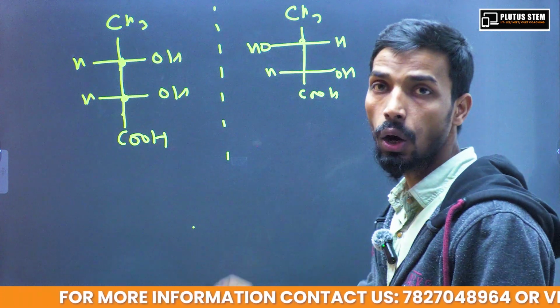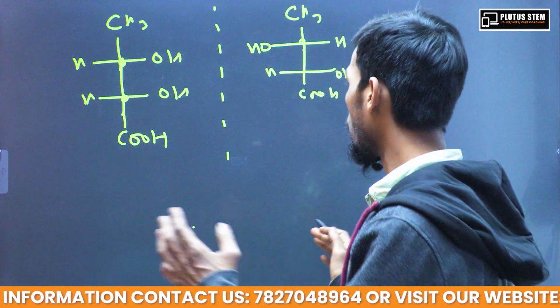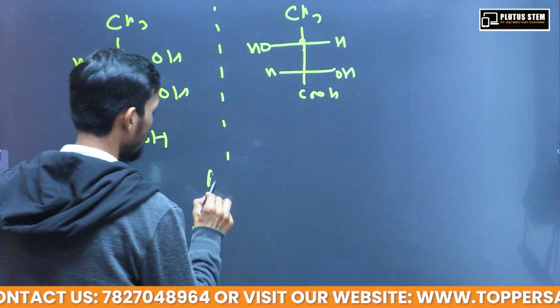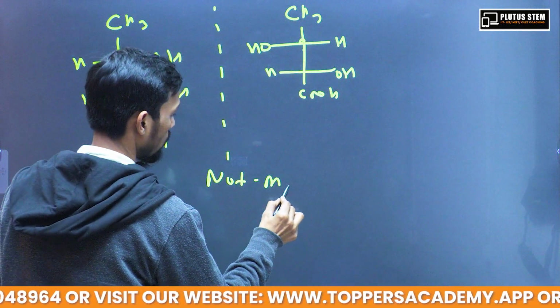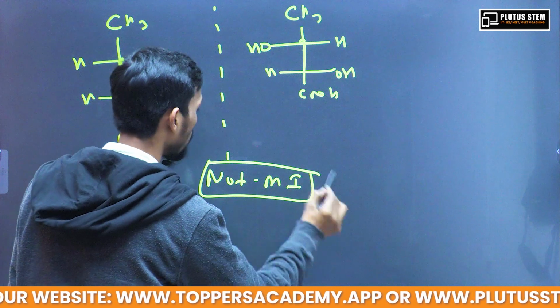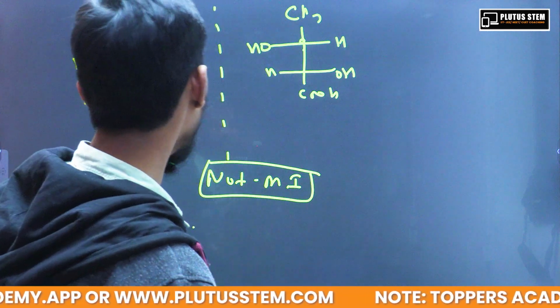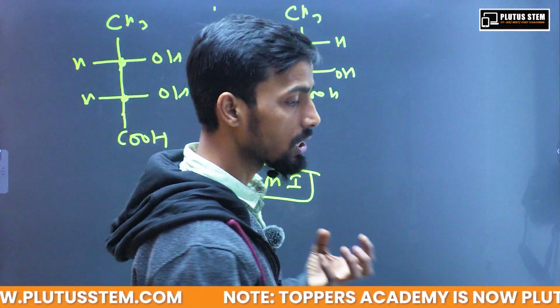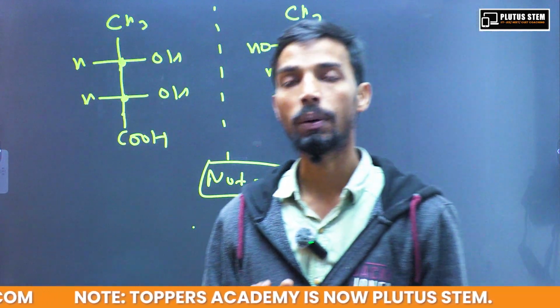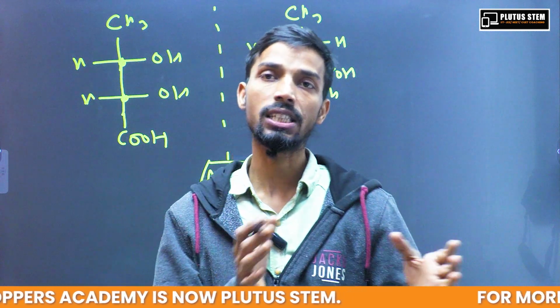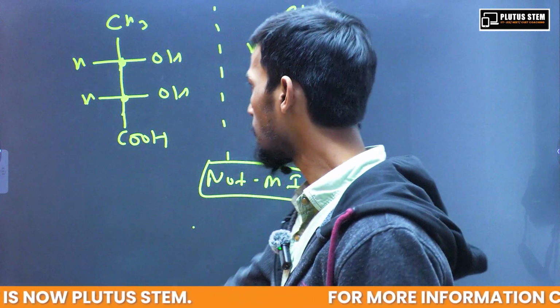Those stereoisomers which are not mirror images of each other are termed as diastereomers. Enantiomers and diastereomers. So these are very simple things.